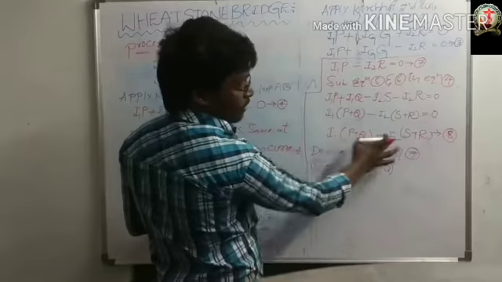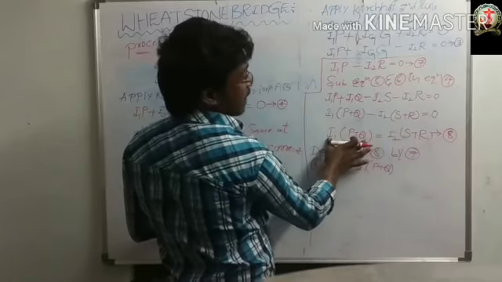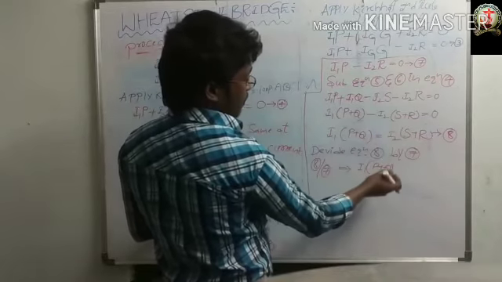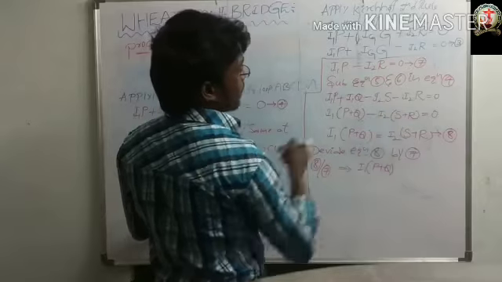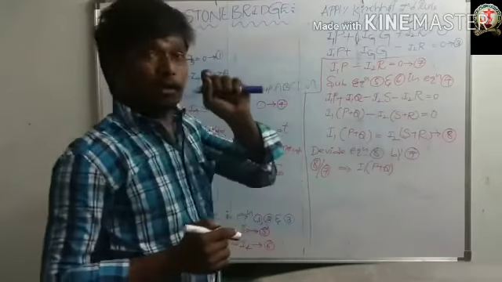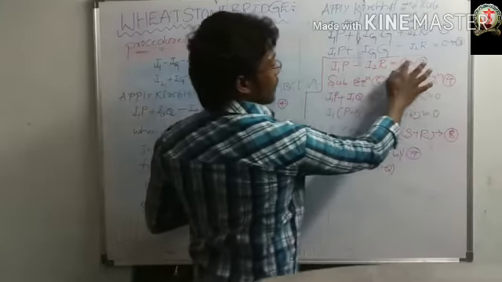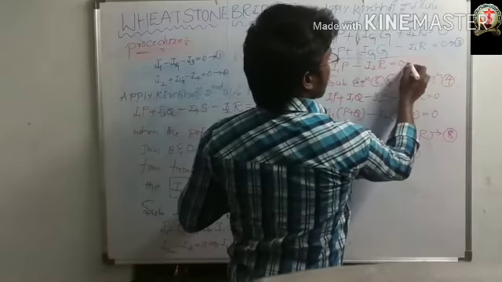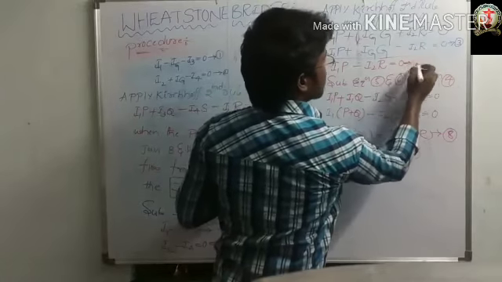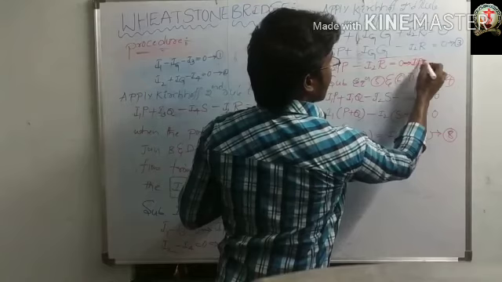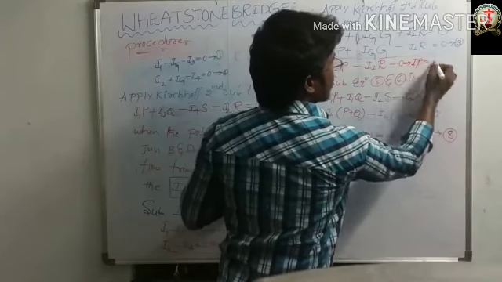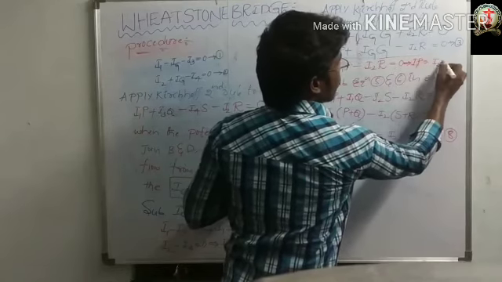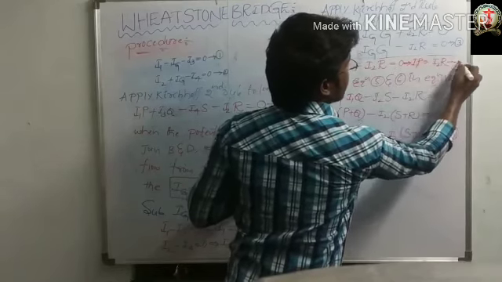In equation 8, this is the LHS side. In equation 7, just this one, you can send this term to this side: I1 P is equal to, this term I am sending to this side, I2 into R. This is equation 7.